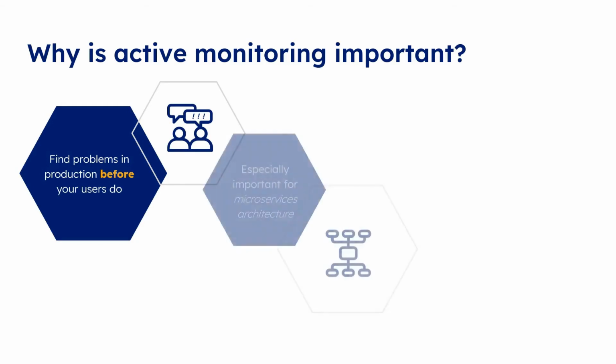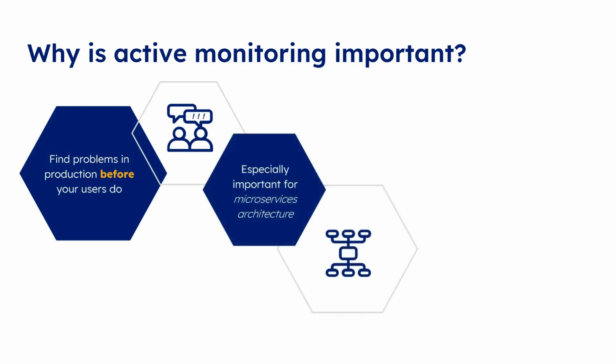Active monitoring is especially important in the context of microservice architecture. Take, for example, an API endpoint that is dependent on many different services, both internal and external, each of which may be deployed multiple times per day. Including a replication of all these services in local or CI tests would be slow or brittle at best.